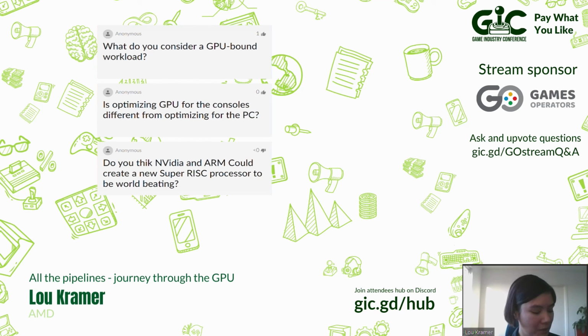Is optimizing for the console different from optimizing for the PC? Yes, because on the console, you know exactly what's in there. So you know exactly the GPU, you know all the hardware details, and you also know it won't change. On PC, there are a lot of different system configurations.